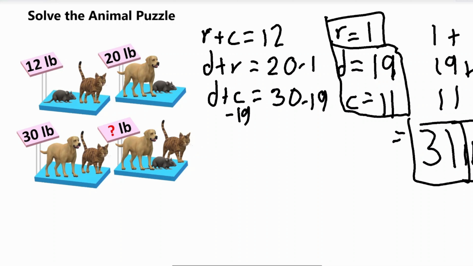So let's notice here we have 2 rats, 2 dogs, and 2 cats, which means we have each animal appearing exactly 2 times. So let's just add all these 3 weights together.